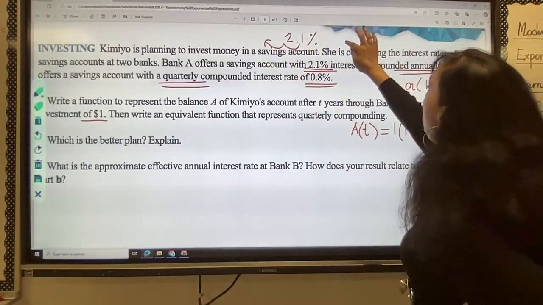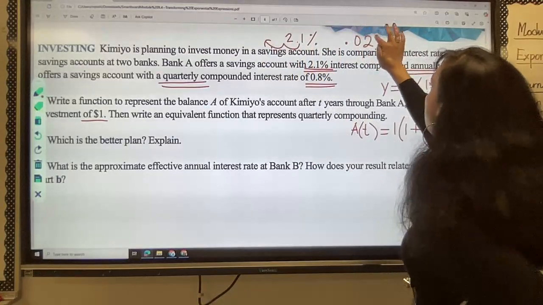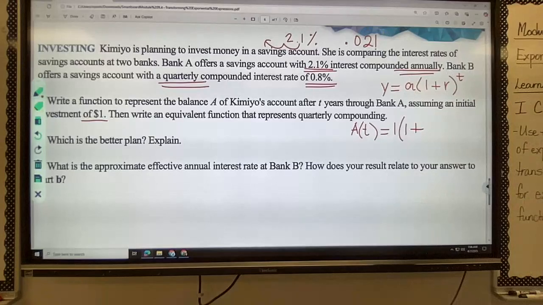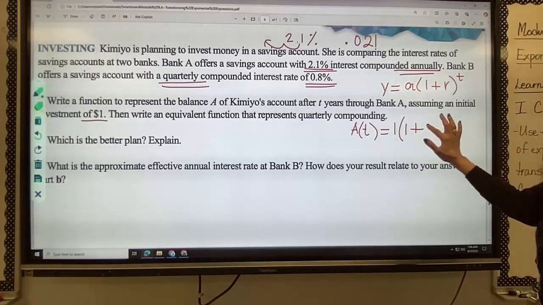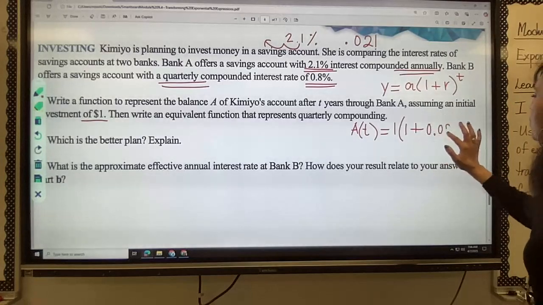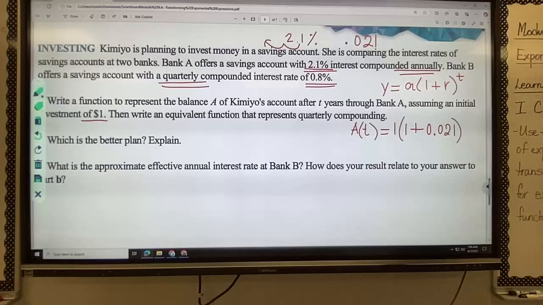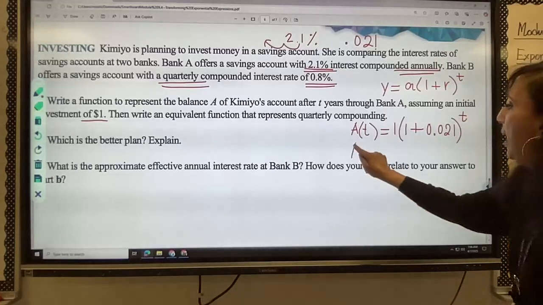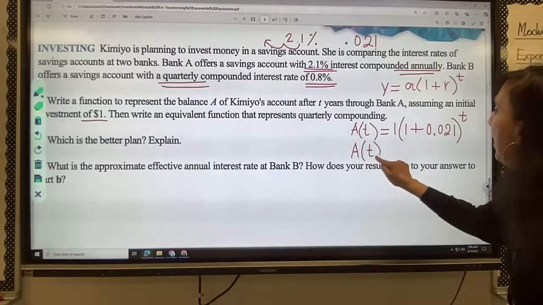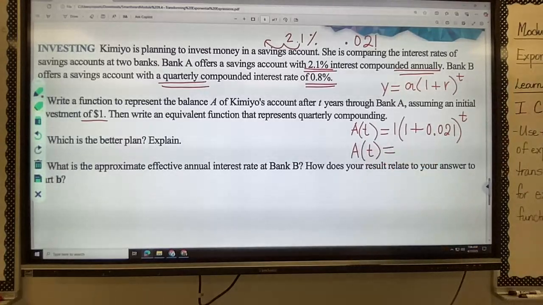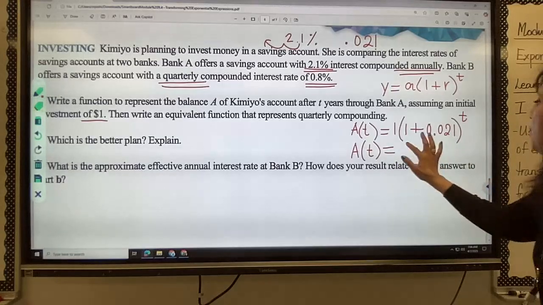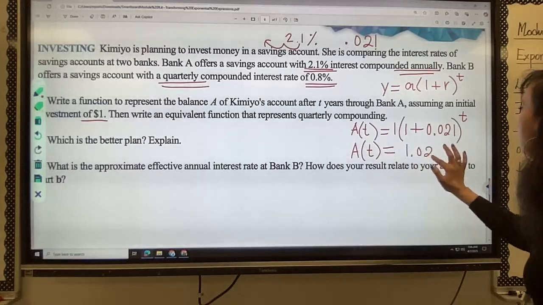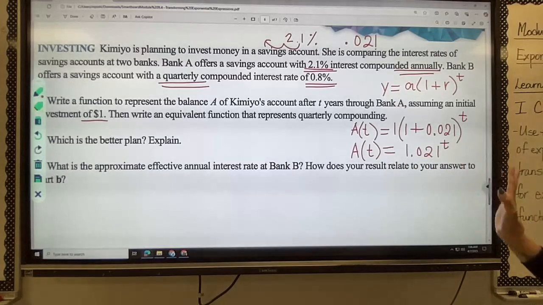So therefore, this will become 0.021. Right? So therefore, this is going to be 1 plus 0.021, and then I have my t, okay? And so therefore, a of t is equal to 1.021 raised to the t. So now I have this equation written out.